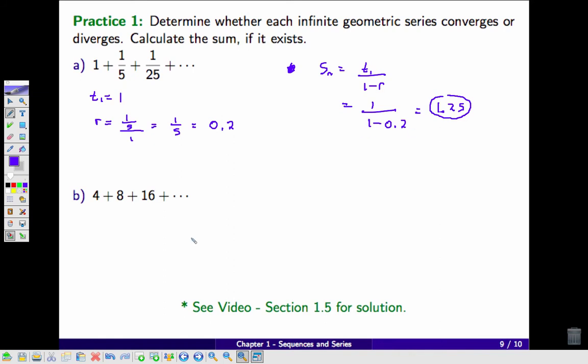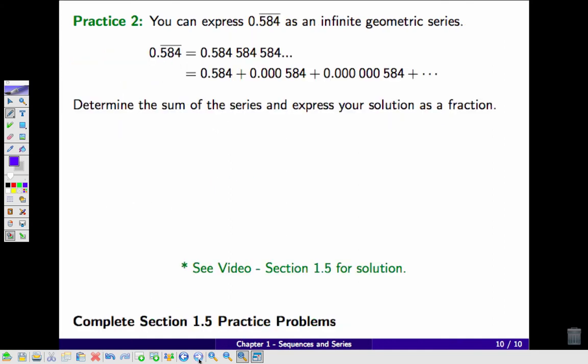At infinity, it will equal this. This next series is divergent, because r here is 2. So on a quiz or an exam, if you get a series that is divergent, simply put this right there.